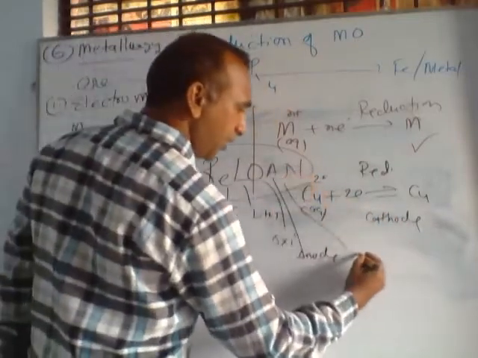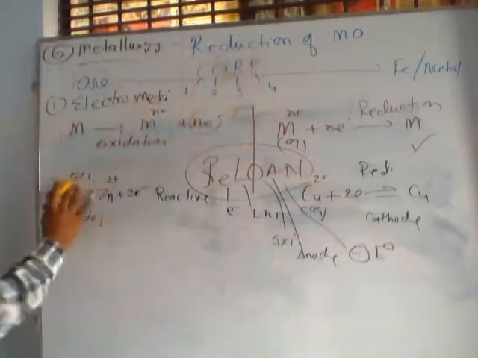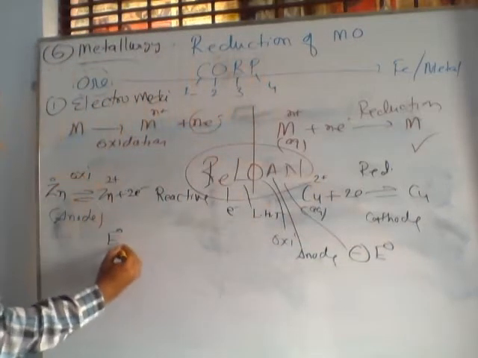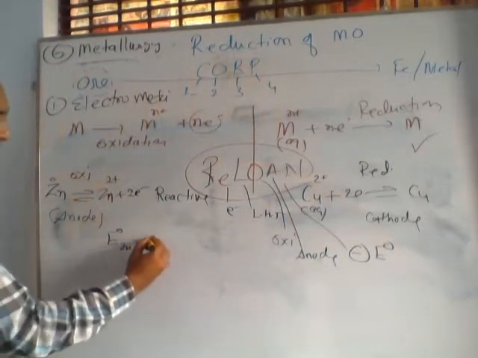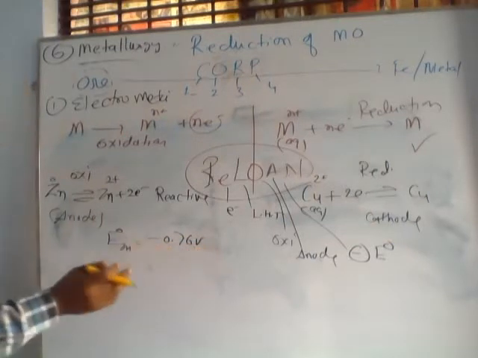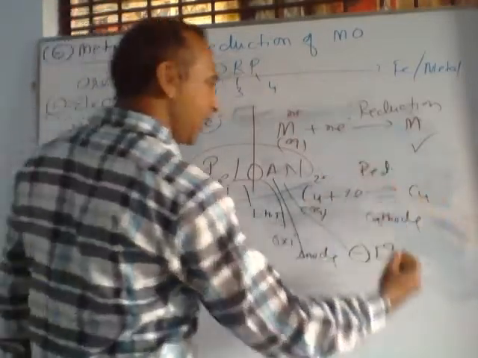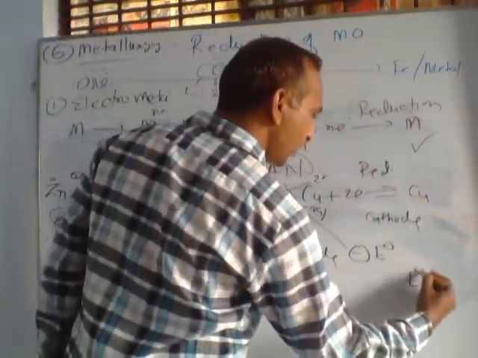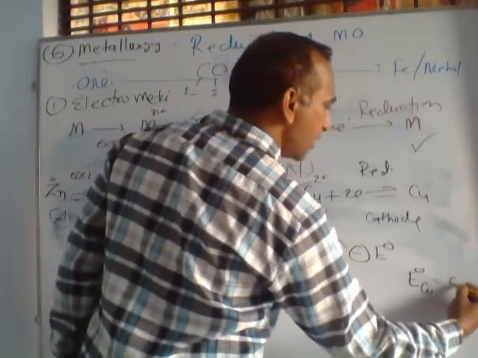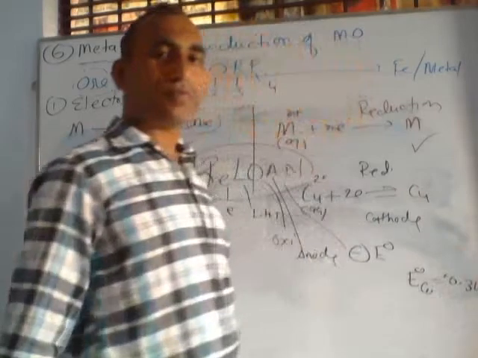N here means negative value of E naught. The E naught value of zinc is minus 0.76 volt. Its value is negative, less than the value of the other metal. The E naught value for copper is plus 0.34 volt.